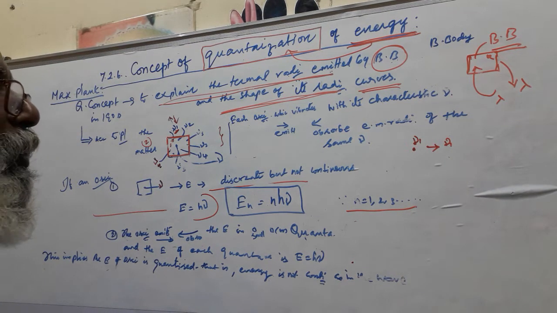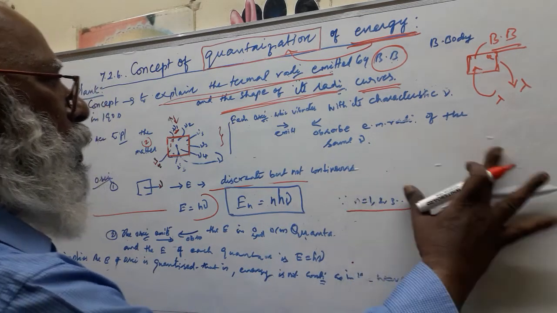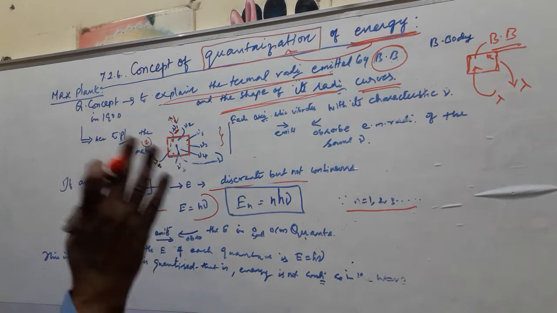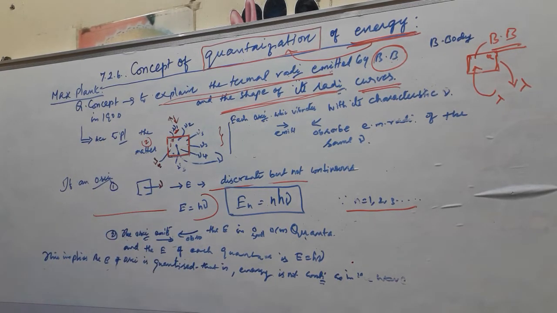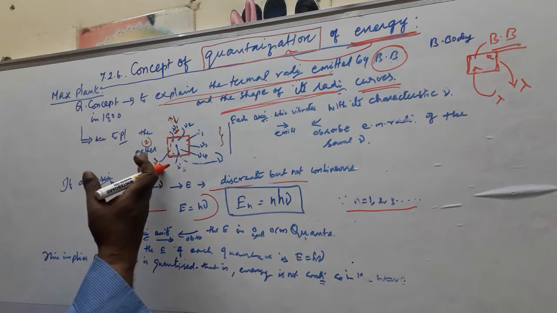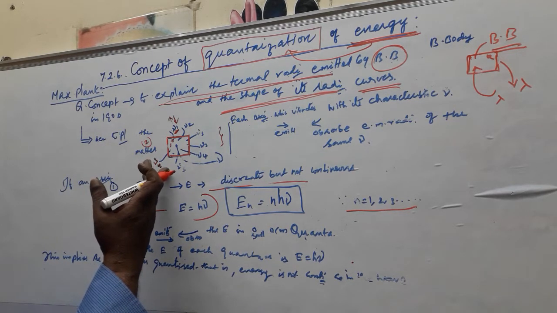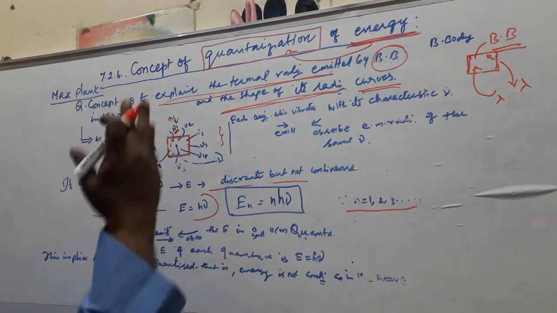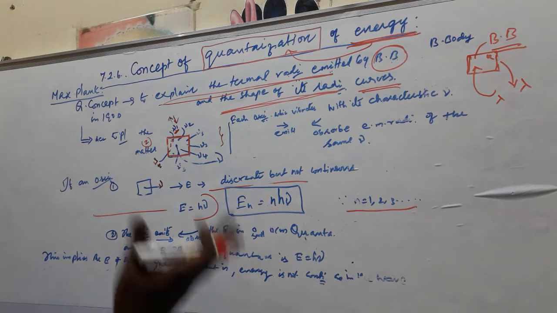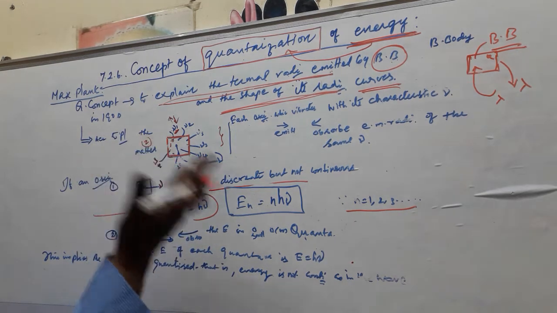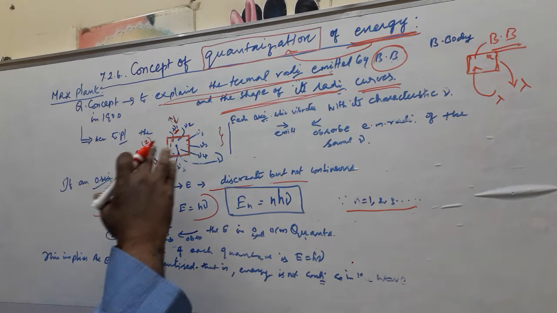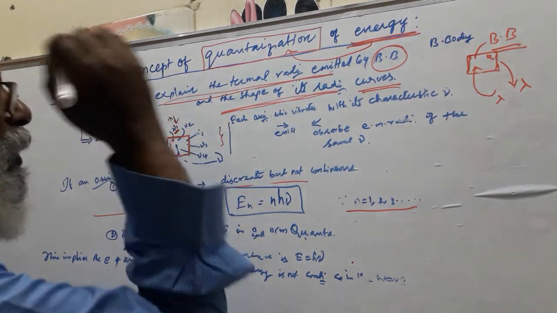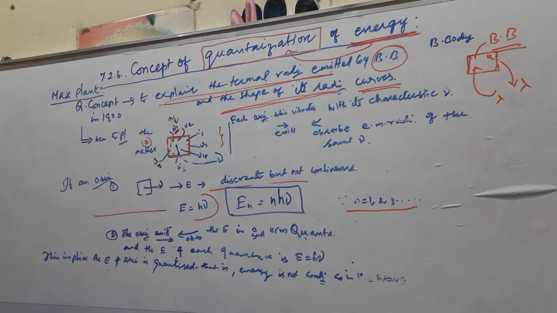Now, each and every oscillator vibrates with its own characteristic frequency and emits, or absorbs, electromagnetic radiation of the same frequency by the body or matter.